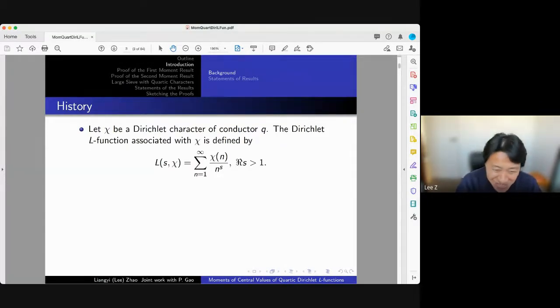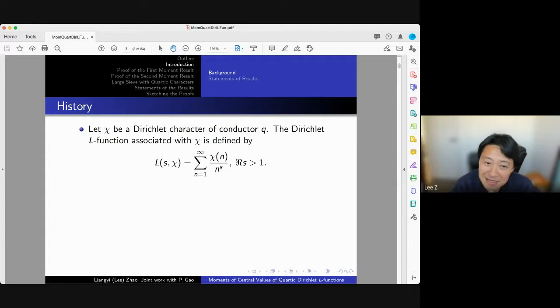If a function is periodic of period q, then that function is also periodic of period any multiple of q. So we call a character primitive of modulus q if q is the smallest period, and the conductor of a character is basically the modulus of the primitive character that induces this character chi.